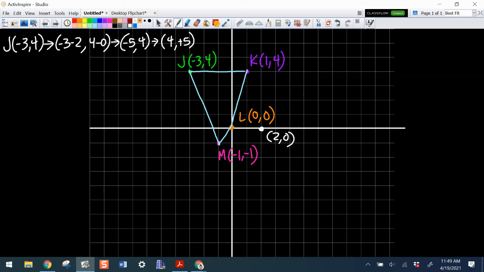So the -5 will now become +5. Then we need to add our center of rotation back. So we'll add 2 to our x and 0 to our y. So J prime is located at (6, 5). So J prime will actually be over here.